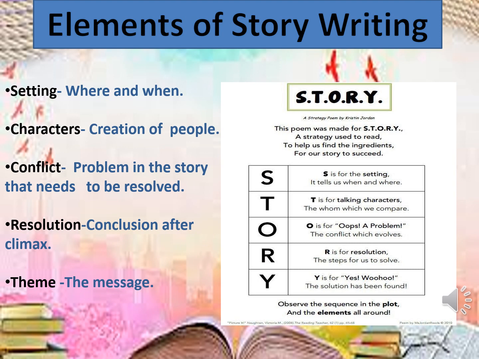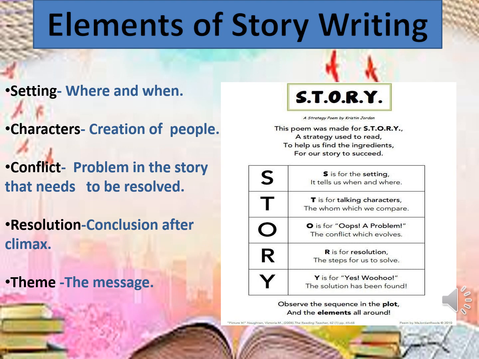Conflict. Conflict is the problem in your story that needs to be resolved. Then comes the resolution, conclusion, or the solution of the problem. Finally comes the theme. Theme is a message, so it is the central idea around which your story revolves.